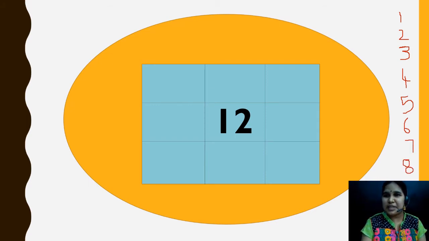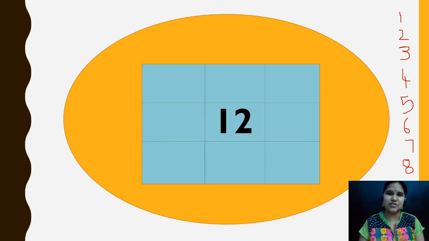By using these numbers we need to solve this puzzle. It's very interesting. If you start solving, you enjoy a lot. You think in different ways. When you solve a puzzle, your thinking capacity will be increased.